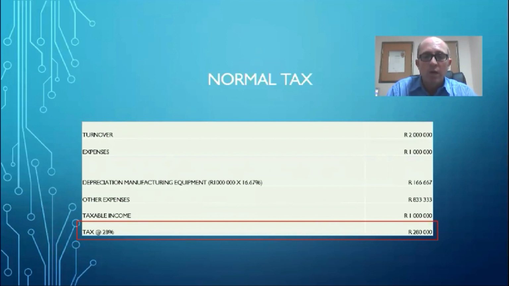If you take 1 million rand divided by 6 years, then you can write off 166,667 rand as depreciation. And if your other expenses are 833,000 rand, it means that all the expenses together are 1 million rand, which will give you a taxable income of 1 million rand. So now, if you work out the tax at 28% on that 1 million rand, you can see your tax works out to 280,000 rand, because it's obviously 28% of 1 million.